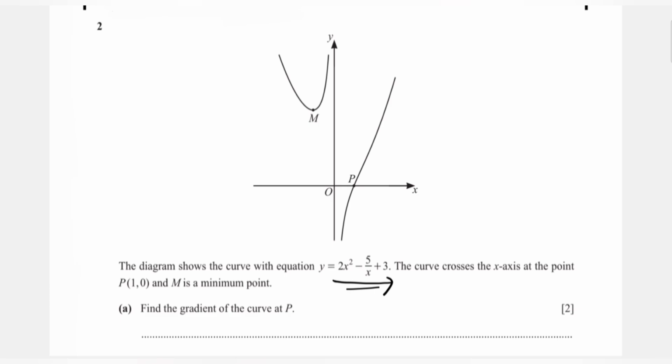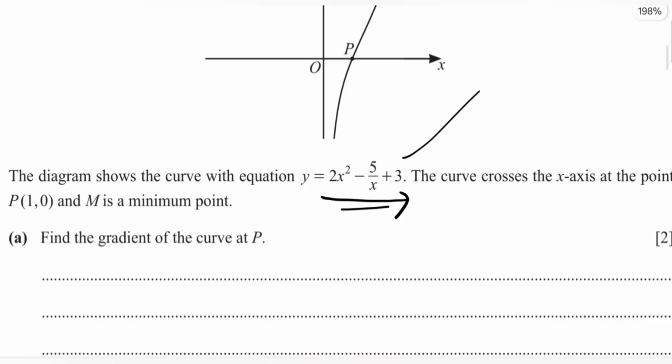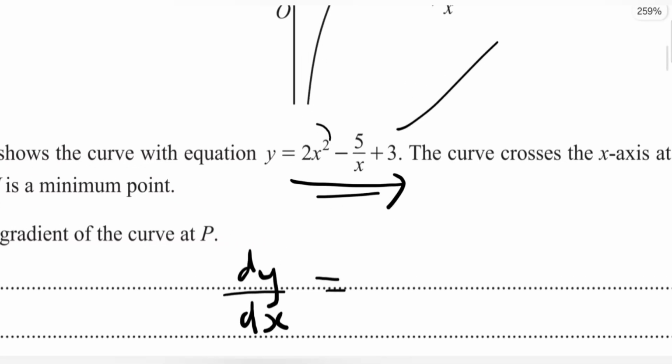And we know for us to get the gradient, we just need to get the derivative of this, which is our dy dx. So our dy dx will be these two multiplying this, which will give us 4. Then we put our x, we subtract 1 from that power, that will be x to the power 1, right?